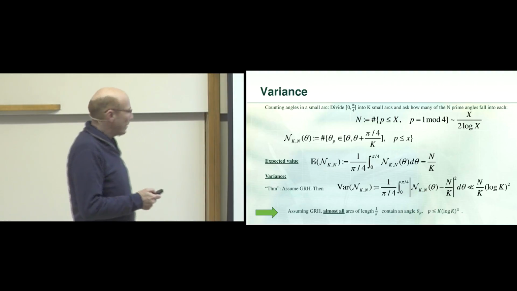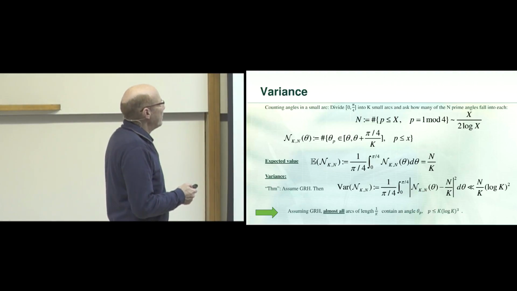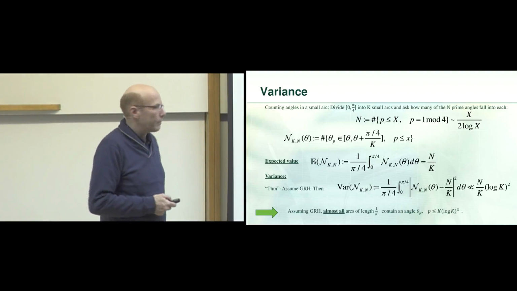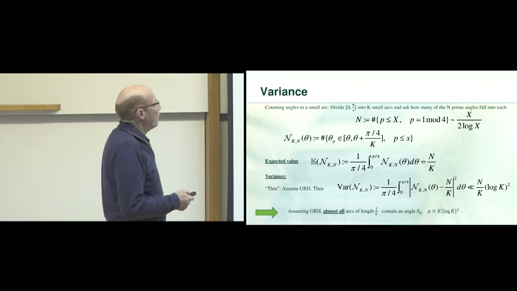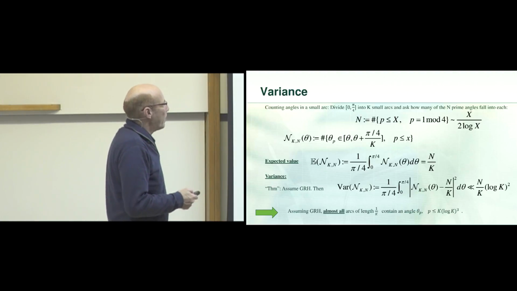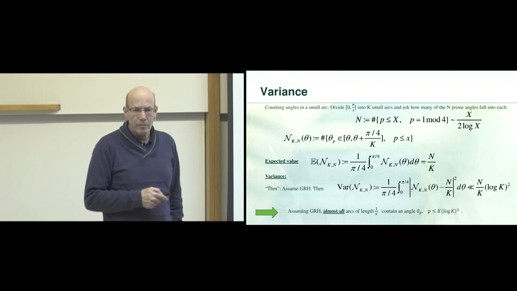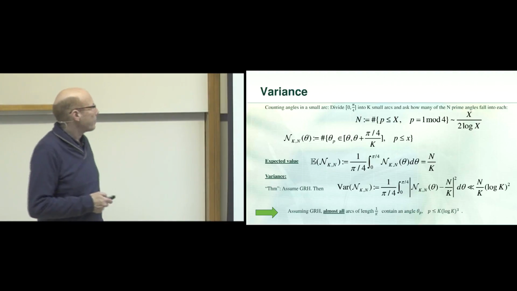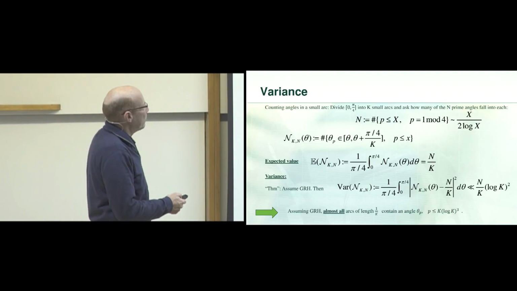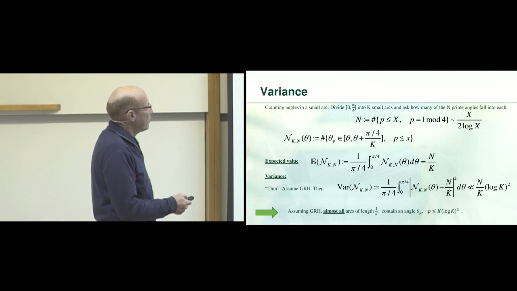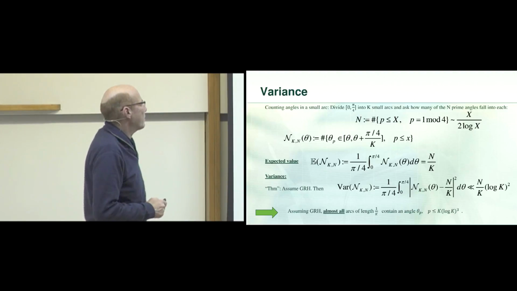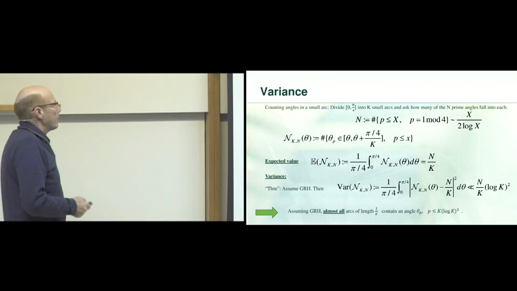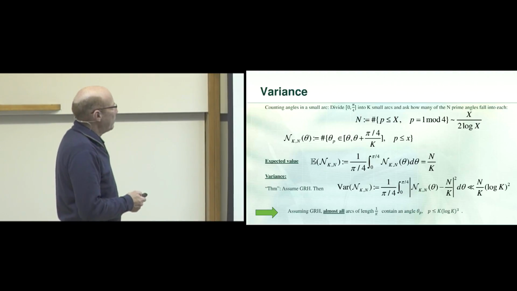Okay, so I'll divide the relevant interval into k arcs of equal size and ask how many of the first n prime angles fall into each such arc. So n is the number of primes up to x which are 1 mod 4, which is roughly half x over log x. And then I define this random variable.